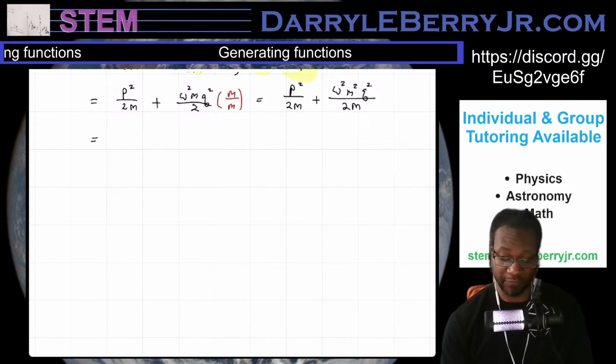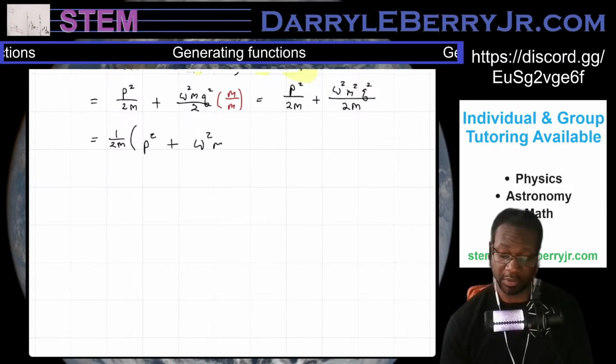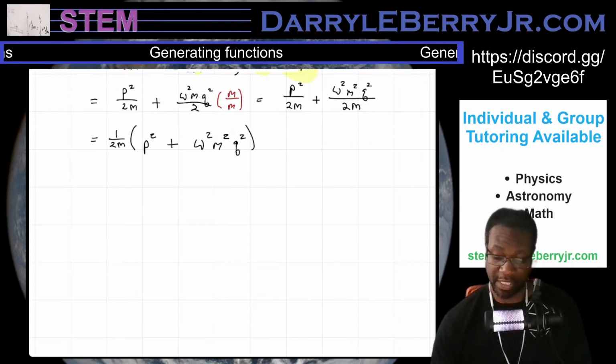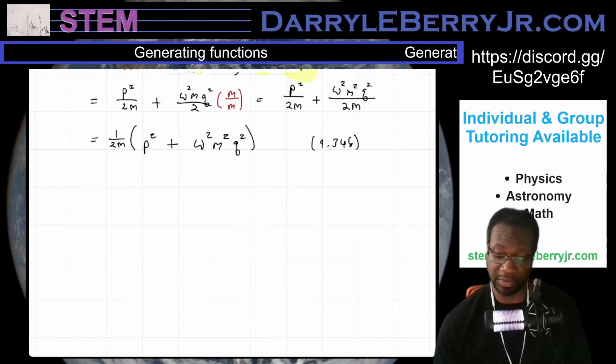Now I can factor out 1 over 2M, and this leaves me momentum squared plus omega squared M squared Q squared. And this is what the book has for equation 9.34b.